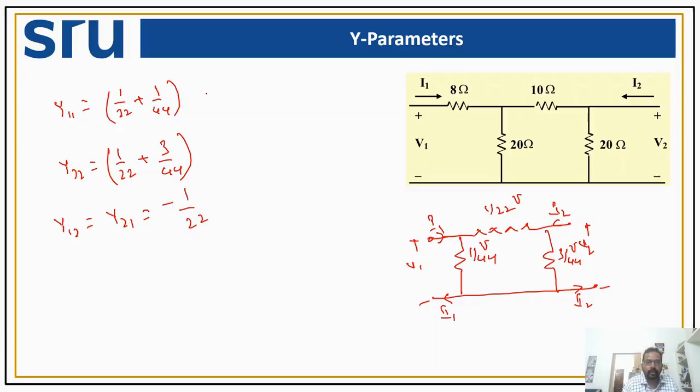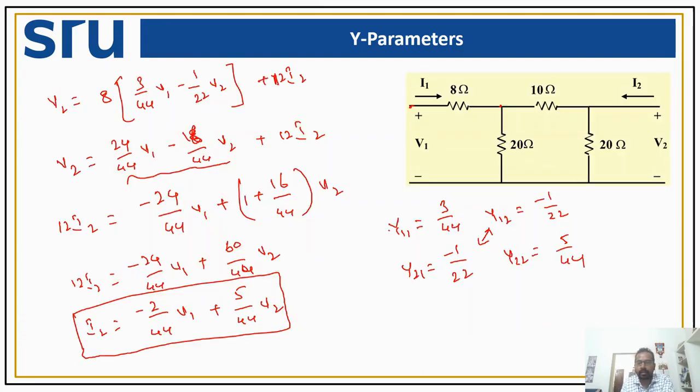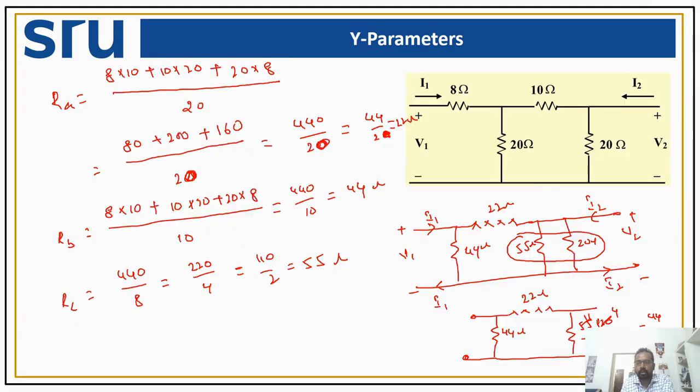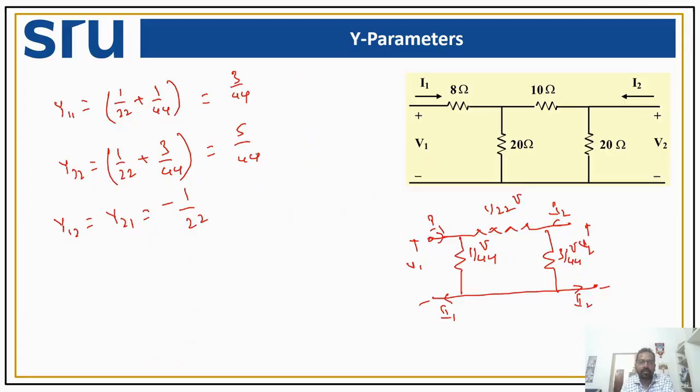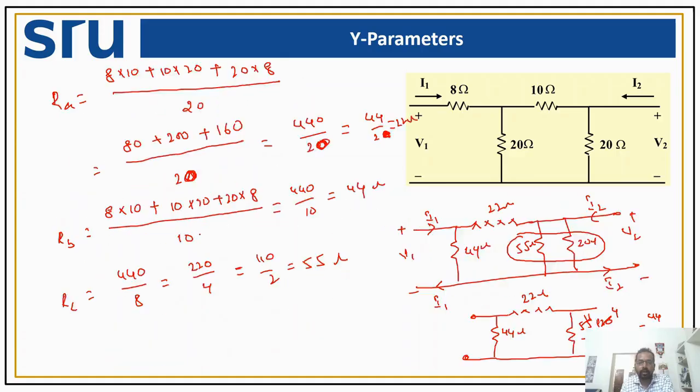So let us simplify this further. It is 2 and 1, so it will be 3 by 44 and it is 2 plus 3, it will be 5 by 44 and this is minus 1 by 22. So if you see our previous problem's method, we got 3 by 44 and 5 by 44 for Y11 and Y22, and for my Y12 equal to Y21 equal to minus 1 by 22.